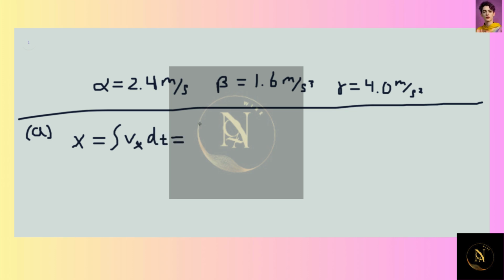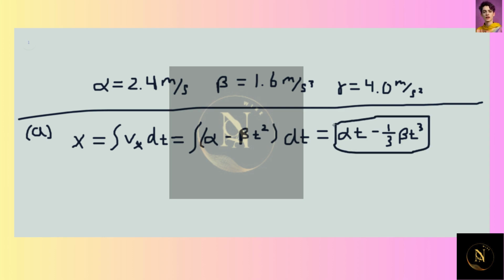So this is going to be the integral of alpha minus beta times time squared with respect to time, which is equal to alpha times time minus 1/3 beta times time to the third. We can box that in as part of our solution for part A.